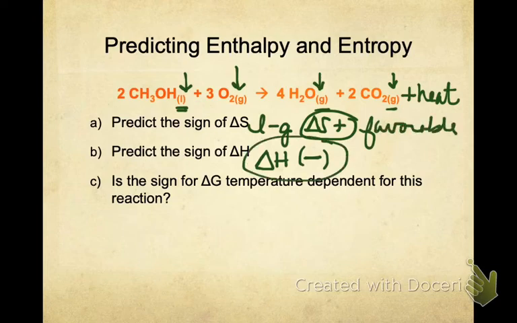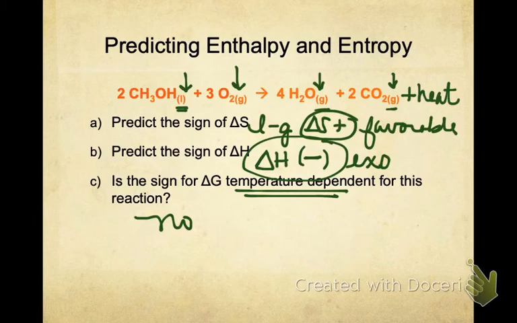Anytime delta H is negative, or exothermic, that is favorable. So if both of these conditions are favorable, it won't matter what the temperature is. So no, this is not temperature dependent. Heat will always be given off, and it will always be favorable. And we talked about this scenario in yesterday's lesson. So you can always go back and look at what is favorable and what is not favorable in terms of S and H.